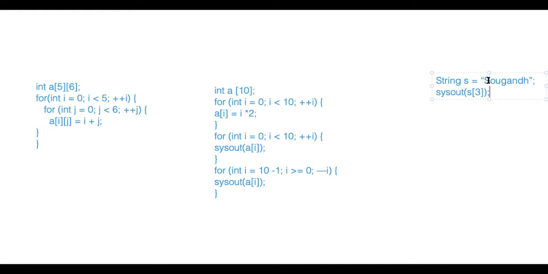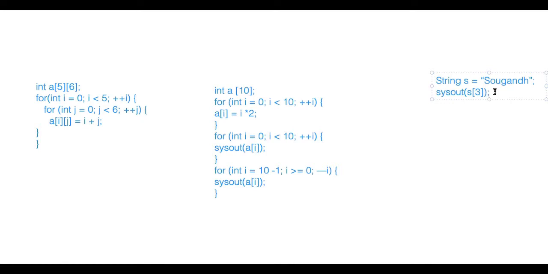You will get G. Since you defined a string, don't you think it's odd that we are able to get a particular character in the form of an array? It simply means that a string itself is nothing but an array of characters.